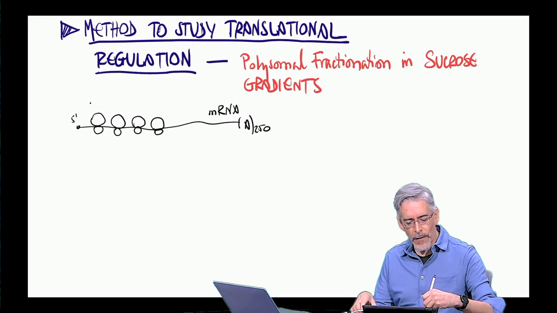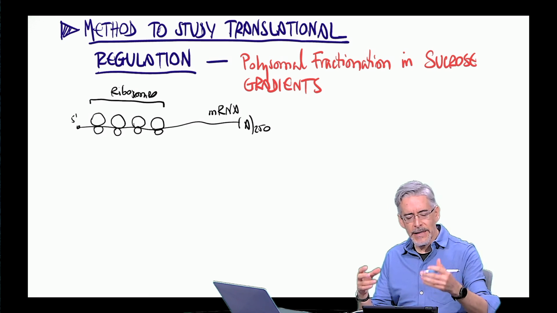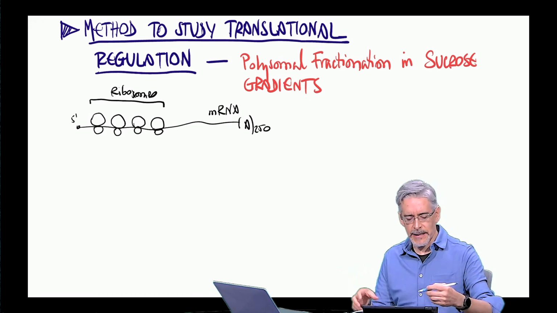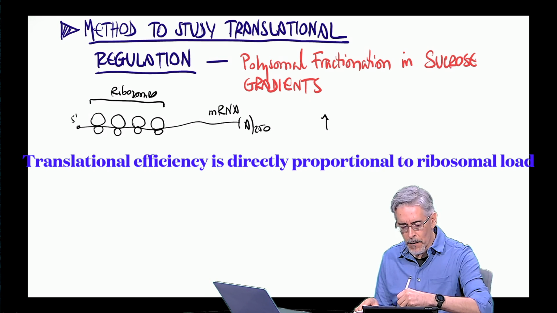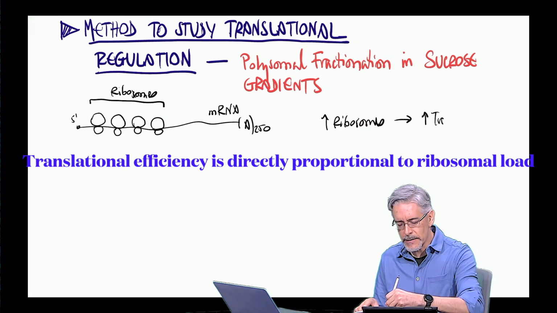So the more ribosomes are associated to a single messenger RNA molecule, the more efficiently that particular messenger RNA will be translated. So again, more ribosomes means increased translation.